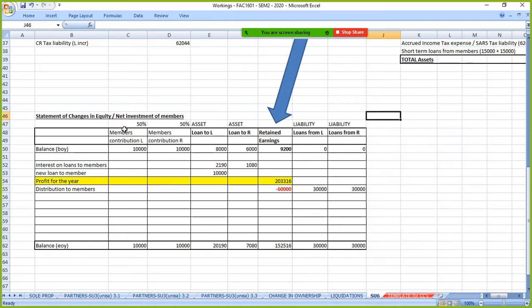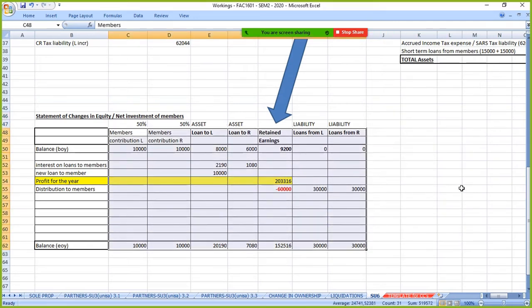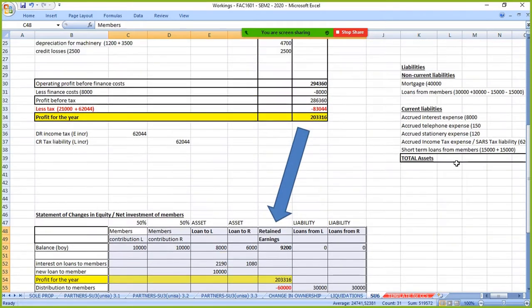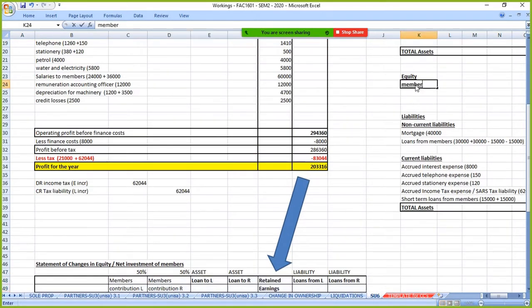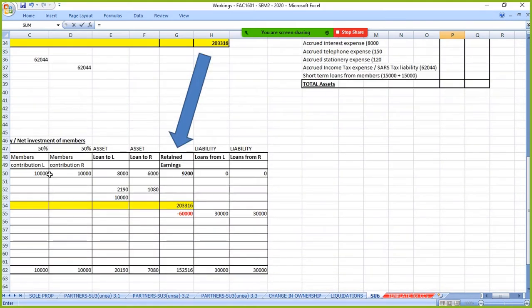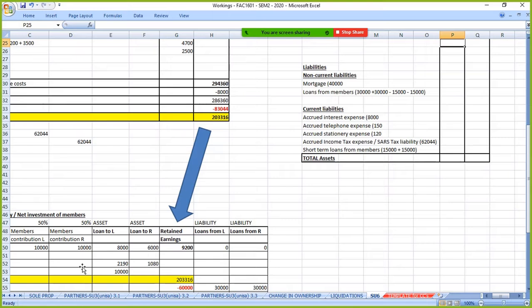Now we need to reference all of this in your financial position. Members' contribution is equity. Members' contribution, brackets. I don't even have to show the brackets. I'll just add it using the formula. So members' contribution L plus members' contribution R. Enter.